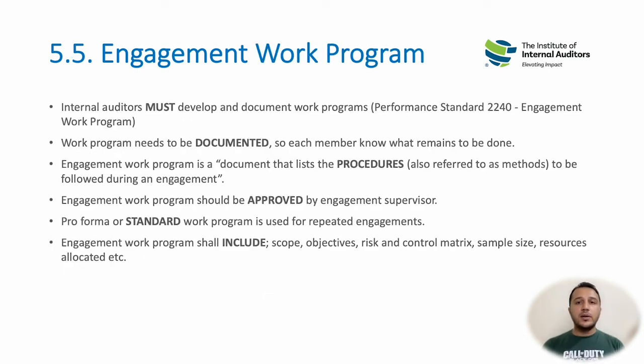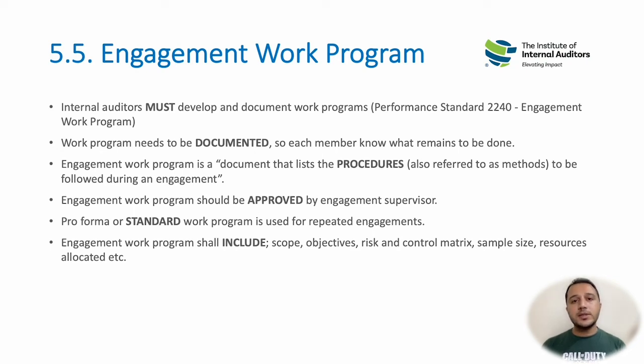Overall, based on the entire previous discussion, we discussed carrying out a preliminary survey, then we can carry out a risk assessment, then set the objectives of the engagement, determine the scope of the engagement, then allocate the resources for the engagement, and all this information will be reflected in the engagement work programs.